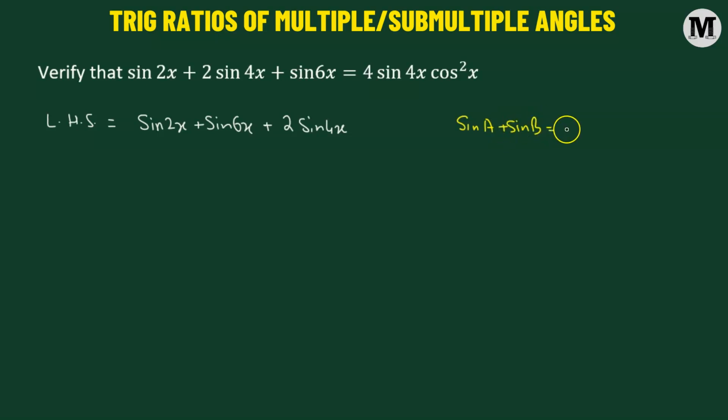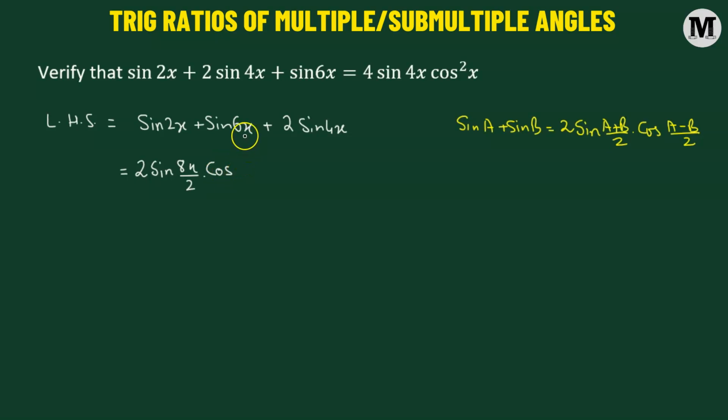So that's given by 2 times sine of angle A plus B over 2 times cosine of angle A minus B over 2. So that will be equals to 2 times sine of angle. So we have 2x added to 6x, that's 8x. So we have 8x over 2 multiplied to cosine of angle.